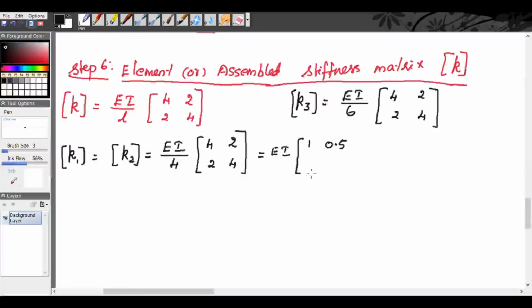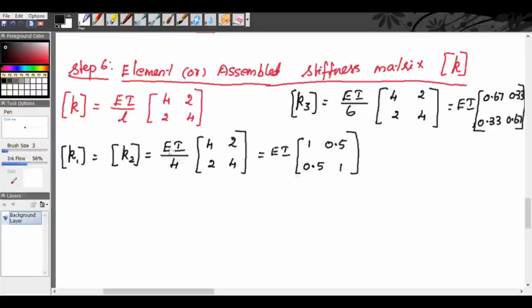So 1, 0.5, 0.5, 1. For K3, we will divide it by 6. So we get EI into 0.67, 0.33, 0.33, 0.67. Okay, so now we will assemble the element stiffness matrices.